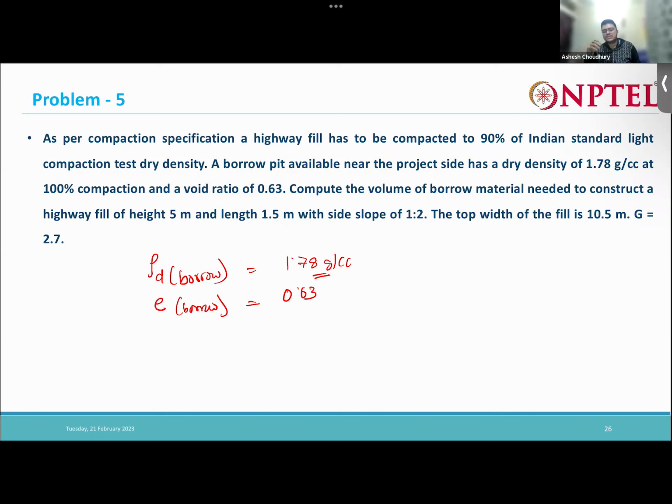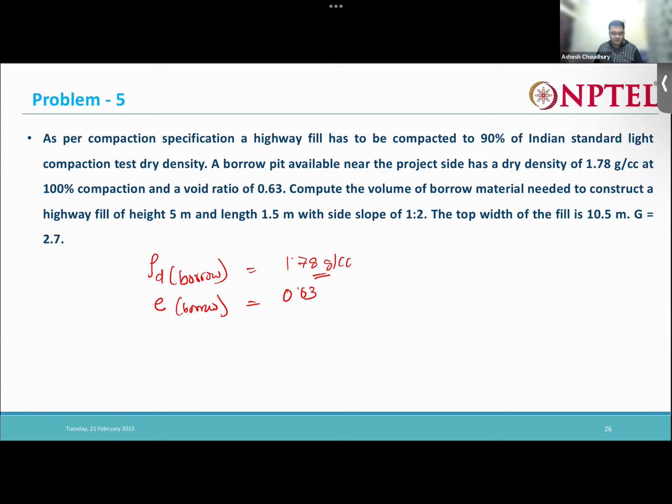We took soil from the borrow pit, took some representative sample to the lab, and did the Indian Standard light compaction test. From that test, we found out that the maximum dry density is 1.78 gram per cc.